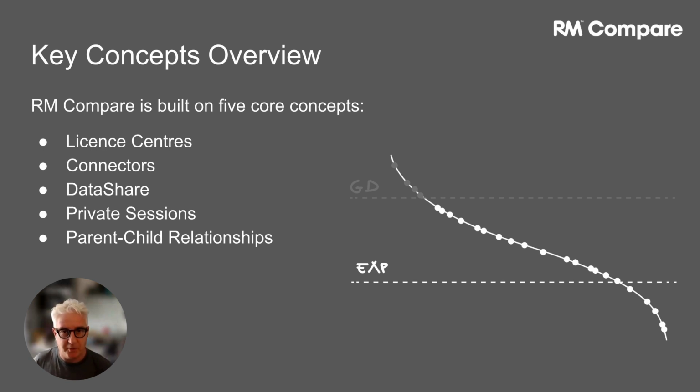RM Compare is built around 5 core concepts, and understanding each one is vital to working effectively with the system. First, there are license centers, which act as your organization's secure digital home on the platform. Second, connectors.